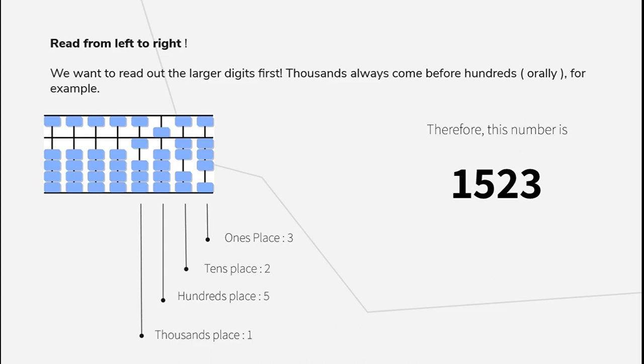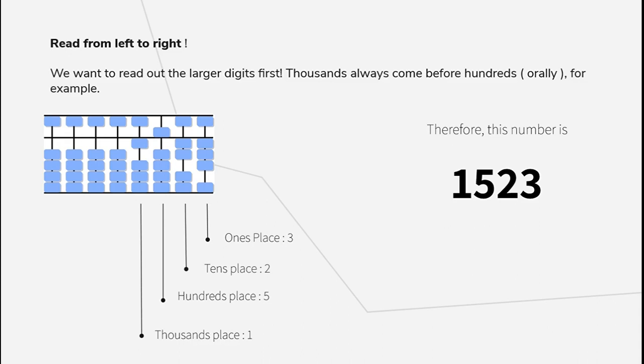Moving on, we have the number 1523. Reading the abacus from left to right, we have 1000 over here, 500, 2 10s, and 3 1s. Therefore, this number is 1523. The simple reason we read the abacus from left to right is because when we say out a number verbally, we say the largest digit first.